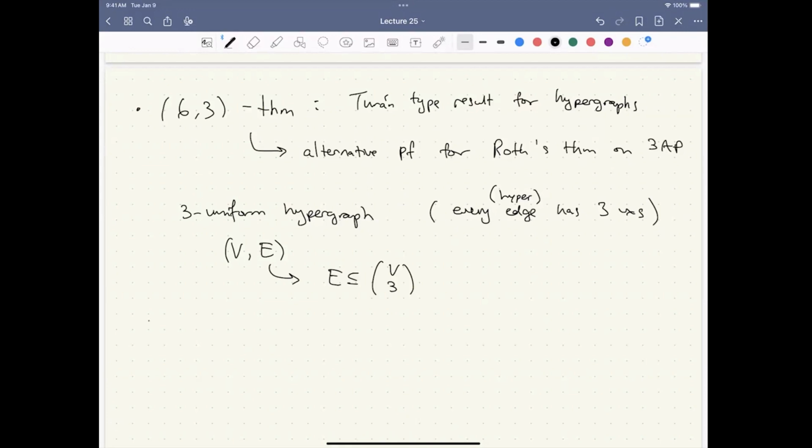Now a definition: we say a hypergraph is linear if every two hyperedges intersect in at most one vertex.